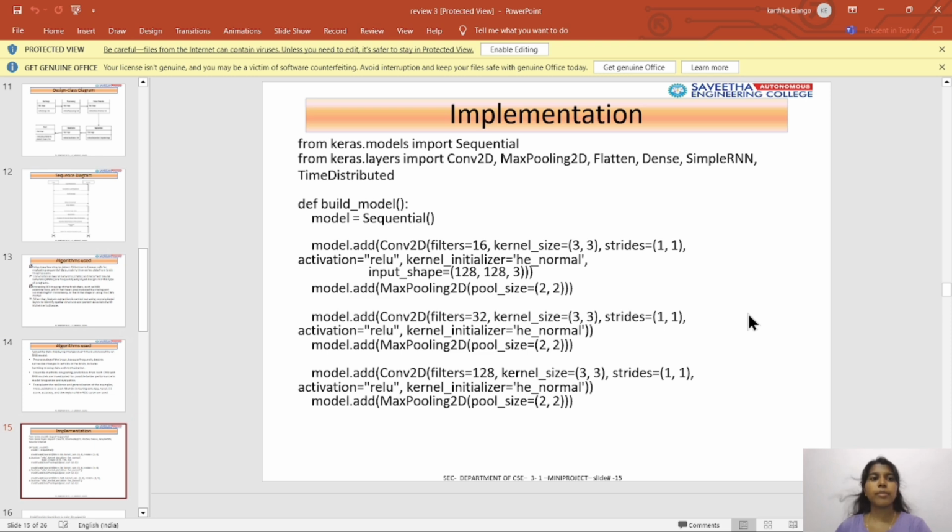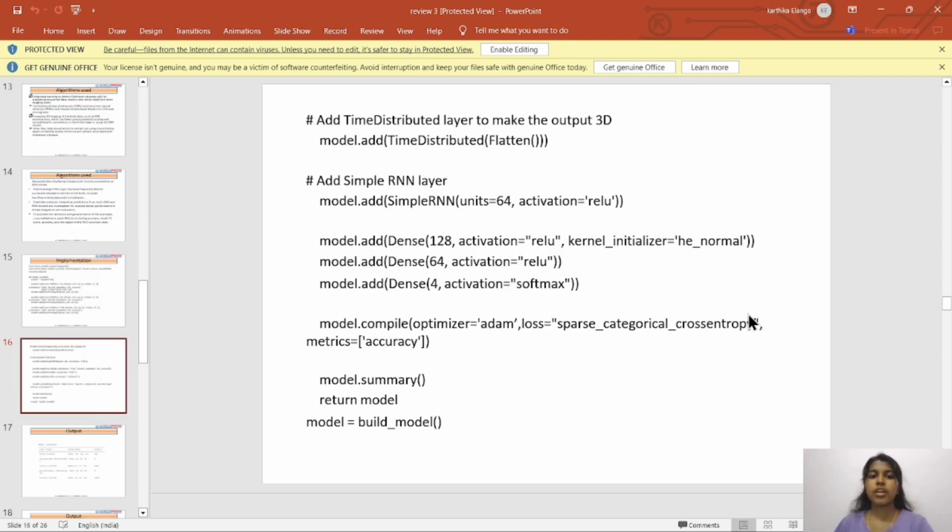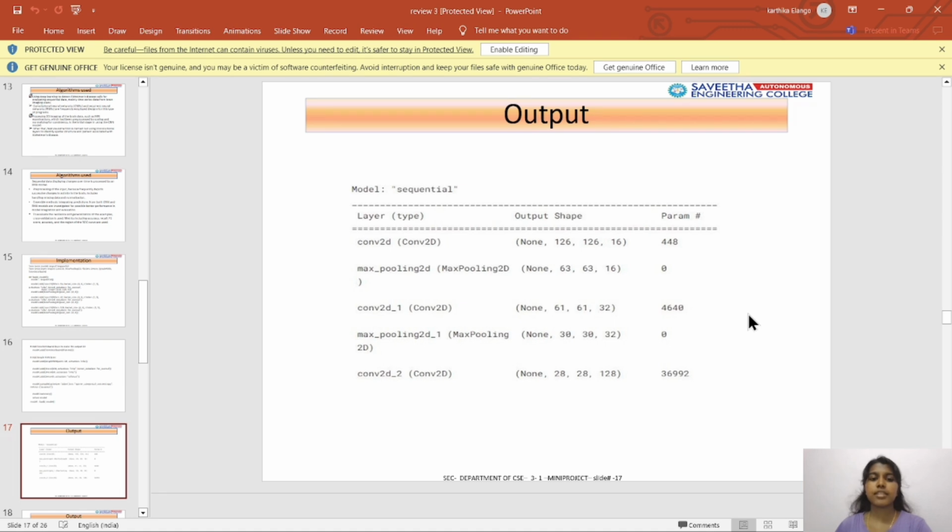So this is the code implementation. In our implementation, we build deep learning models using Keras. The model consists of several convolutional layers, followed by the pooling layer and an RNN layer to process the data efficiently. This architecture is designed to enhance the model's ability to classify MRI images accurately. And this is the code to detect whether the person has Alzheimer's or not.